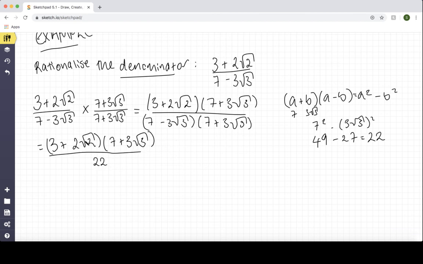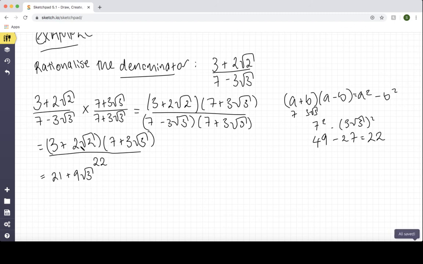We can do it the exact same way we were doing before and just use FOIL. You can also use FOIL to work the denominator out if you don't like doing it that way; this way is just a bit faster. So, numerator: FOIL, first, outer, inner, last. First, 3 times 7, 21, plus outer, 3 times root 3, it's going to be 9 times the square root of 3.